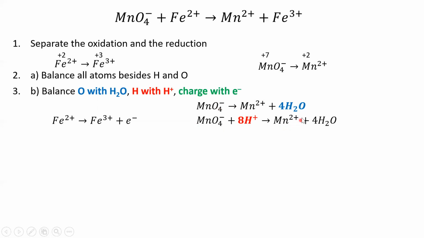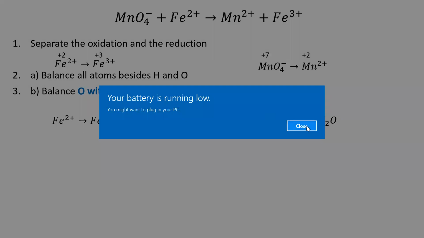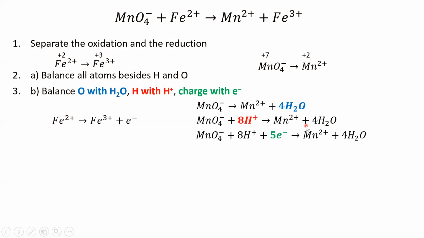On the product side, we have a -2 here, and we have a 0 here. So the product side is a +2. We have to get the charge equal on both sides. And we would do that by adding 5 electrons to the reactant side.